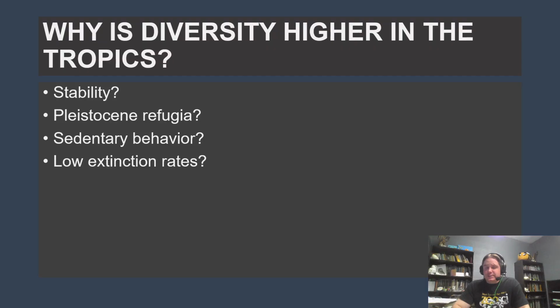There's a Pleistocene refugia hypothesis, and this is the hypothesis that during periods when the tropics were cooler and drier, more savanna dominated, some of the ancient forest remained. Not all of it gave way to savanna. And in those places, ancient species became isolated, and you had these different patches of isolated species that then could speciate allopatrically, right?